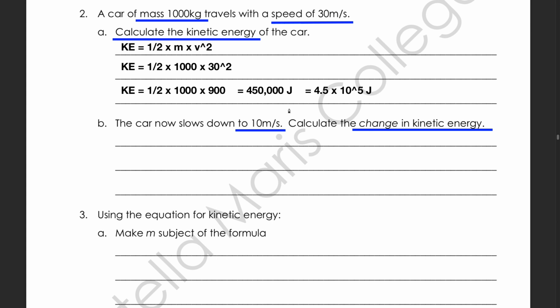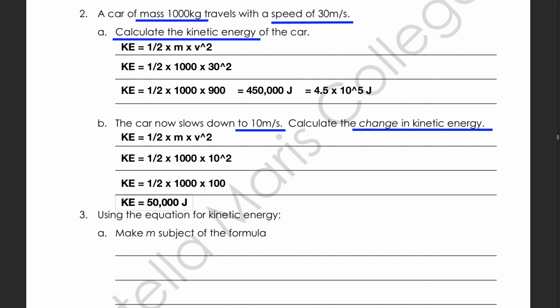So we will start from the equation. KE equals 1/2 times m times v squared. Plugging in the values, we'll get 1/2 times 1000 times 10 squared, which can be rewritten as 1/2 times 1000 times 100, which will give us an answer of 50,000 joules.